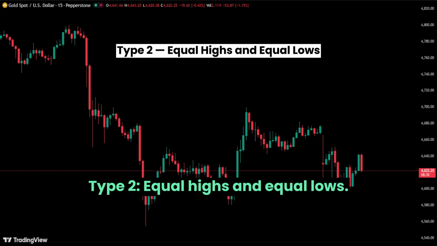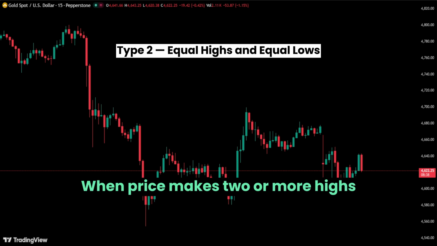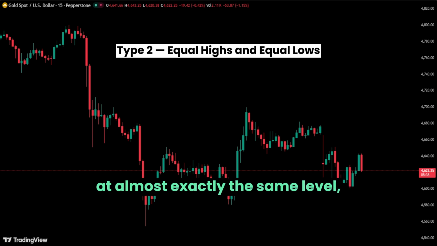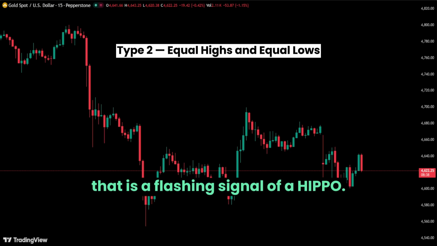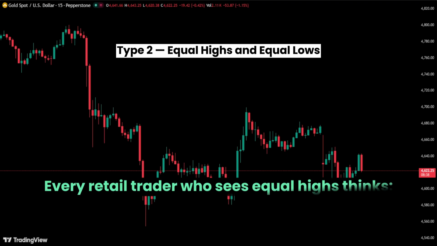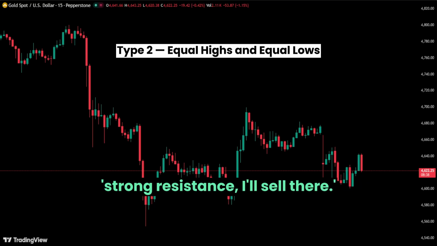Type 2: Equal highs and equal lows. When price makes two or more highs at almost exactly the same level, or two lows at almost exactly the same level, that is a flashing signal of a HIPPO. Here's why. Every retail trader who sees equal highs thinks strong resistance.